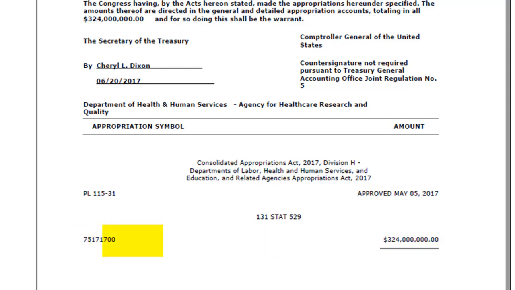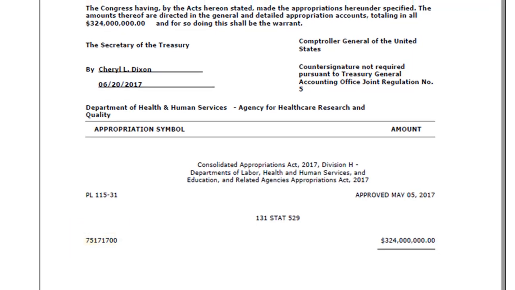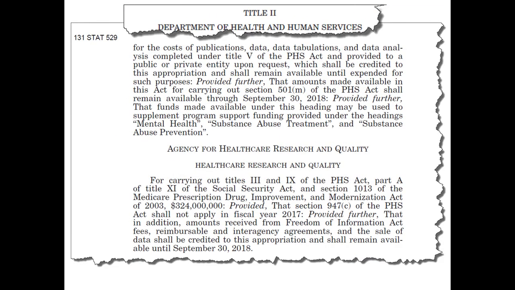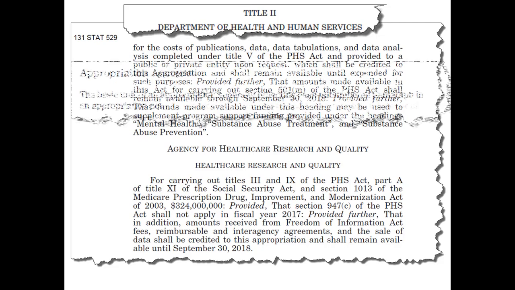Let's focus for a moment on the expenditure account number. In this example, 75171700, to see how this is assigned. It starts with the appropriation. When we look at the appropriating language in Title II of the Labor, Health, and Human Services, Education, and Related Agencies Act.